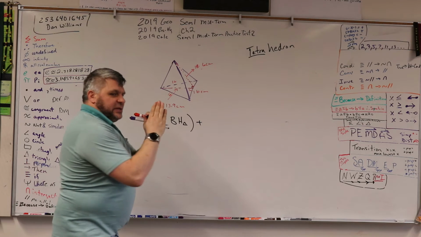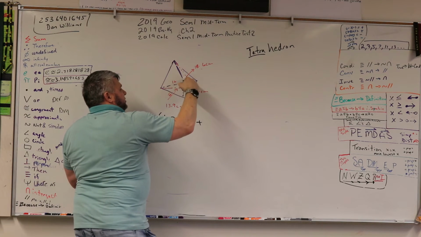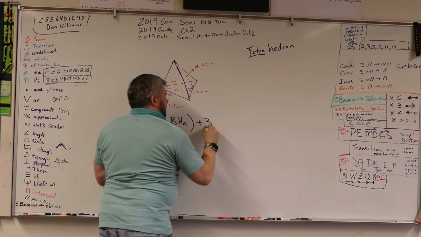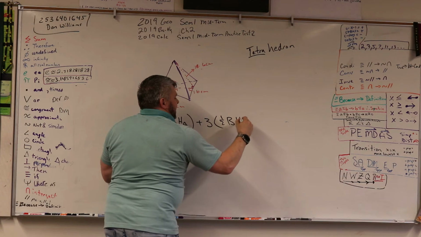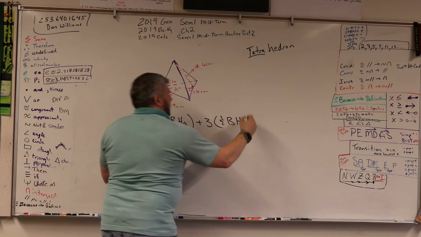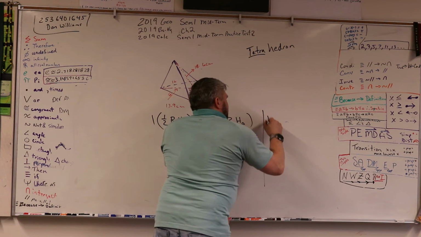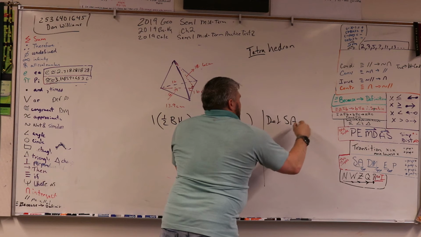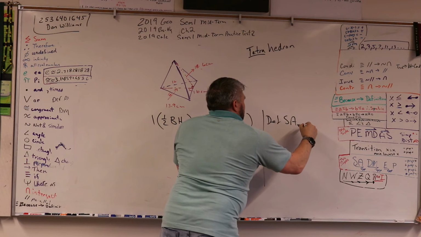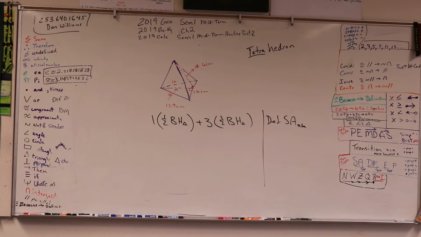Not 4. 1, 2, 3 triangles, each 1/2 the base times the height of that triangle. 3. Okay? And so this is going to be the definition of the surface area of this tetrahedron.